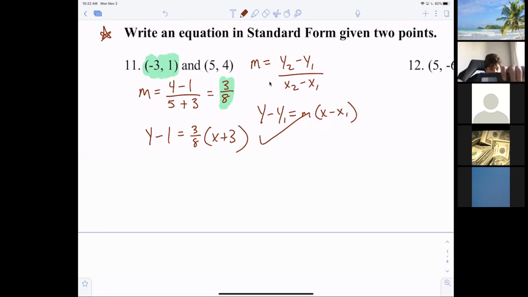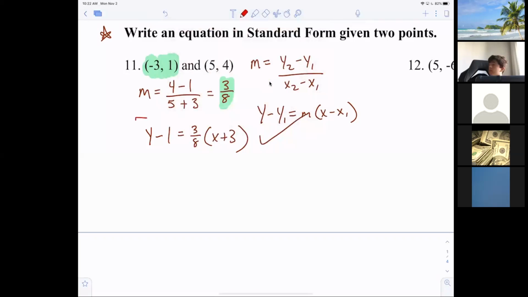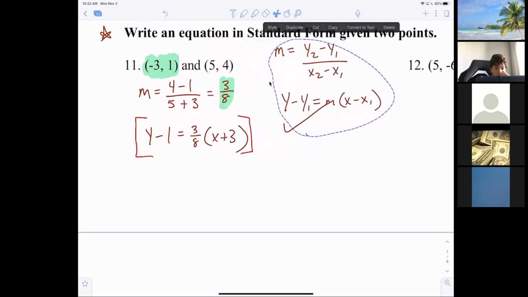All right. Now, from here, I need to convert it over to standard form. What's the problem? This divided by 8 is the problem. So how do I get rid of divided by 8? We're going to multiply. Now look, put a bracket, and put an 8. That means we're going to multiply both sides by 8.